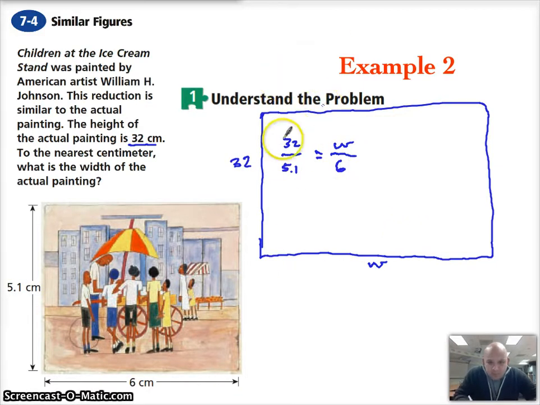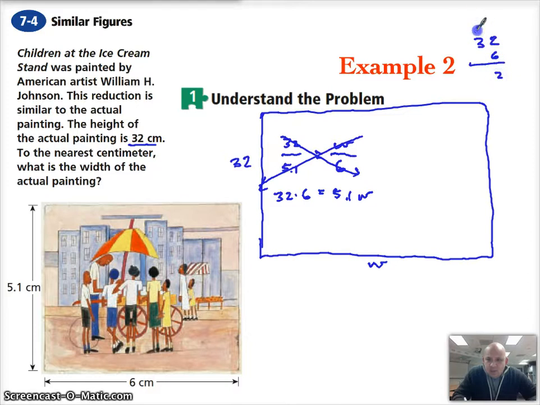Now we're going to cross multiply. It's 32 times 6 equals 5.1 times W. I'm going to put that up here in the corner. 32 times 6: 6 times 2 is 12, 6 times 3 is 18, 19, 192.